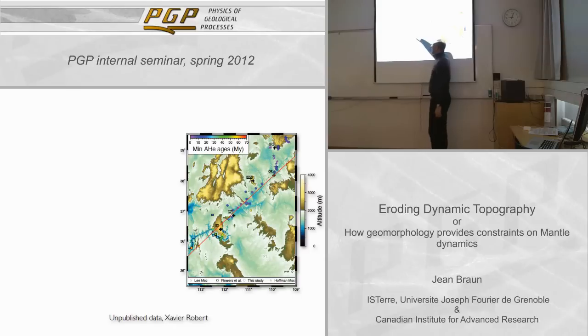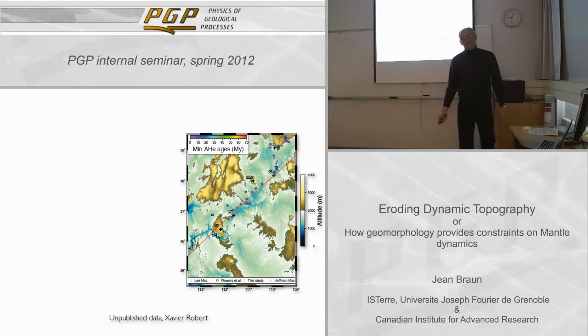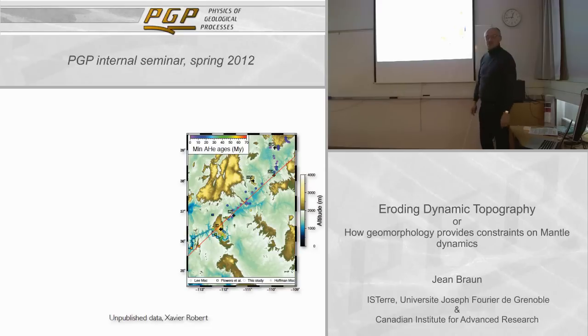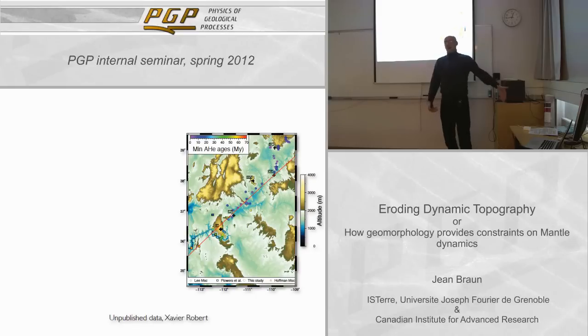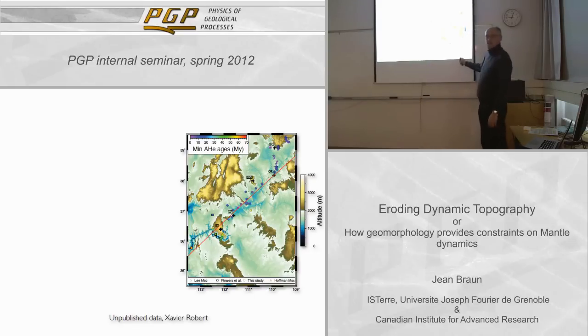Okay, and what you see, that point here tells us that in the last 4 million years, very recently for a geologist, you have eroded about 2 kilometers of rocks there. So in the geologically most recent past, we have removed 2 kilometers of rocks here.